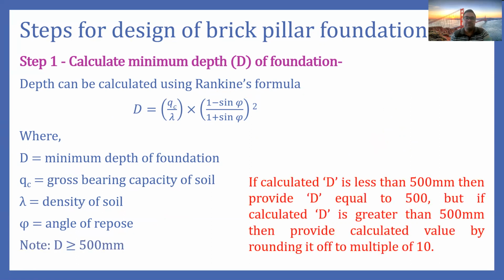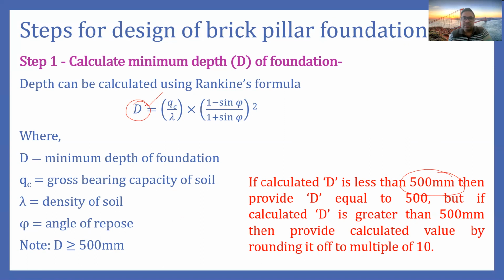Also, when we calculate this depth of foundation, we have to make sure that this depth should not be less than 500 mm, because as per the Indian standard code of practice, the depth of foundation should not be less than 500 mm. So while calculating the depth from this formula, if the value is higher than 500 mm, then we will consider that value.